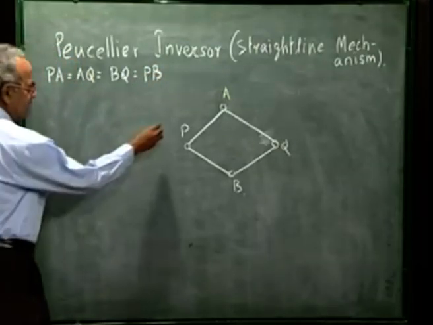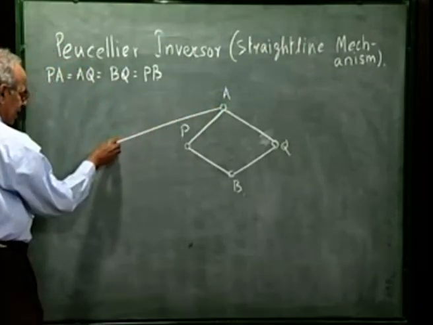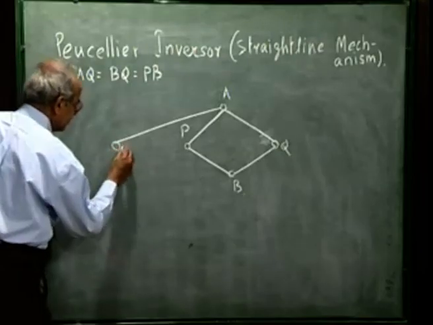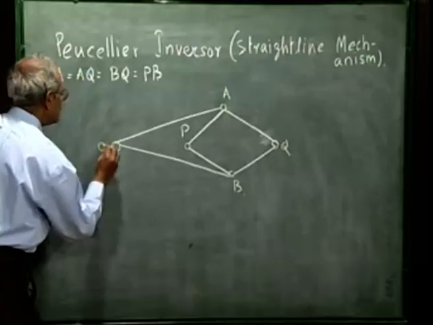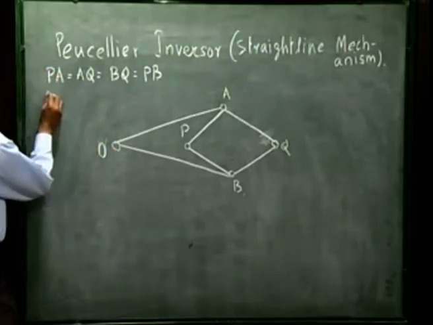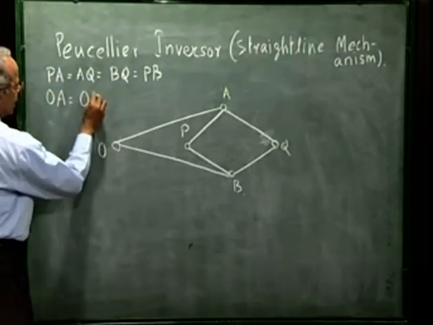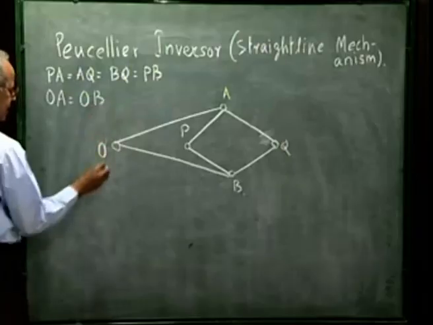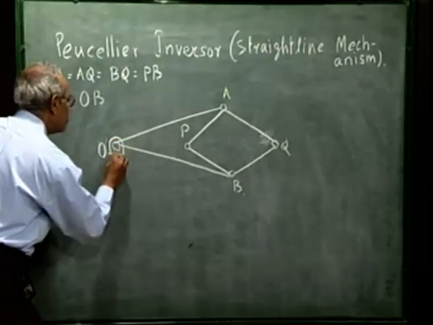Now at A and B we connect 2 more links of equal length, call this point O. We attach 2 equal links OA equal to OB, and now make this point O fixed.